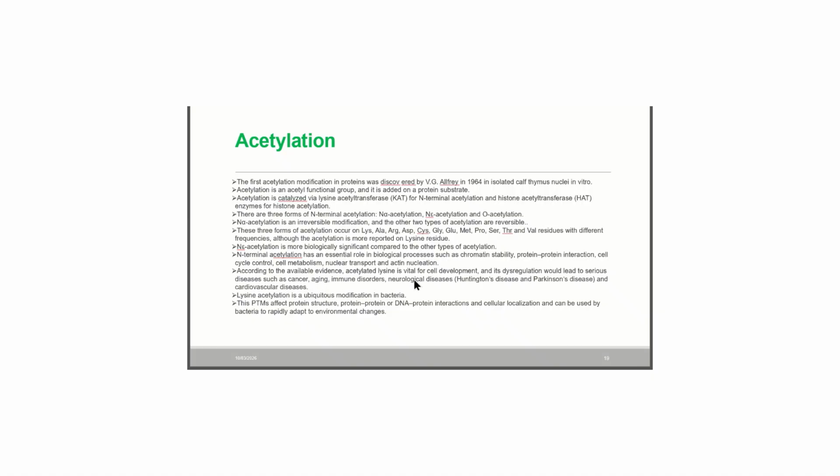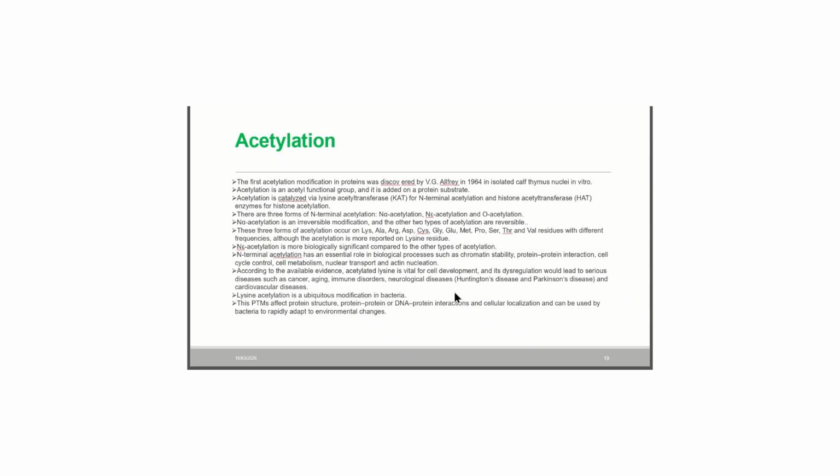Acetyl lysine is vital for cell development, and its dysregulation would lead to serious diseases such as cancer, aging, immune disorders, neurological diseases, and other cardiovascular diseases. So from this definition, lysine acetylation is very important for different cellular activities.